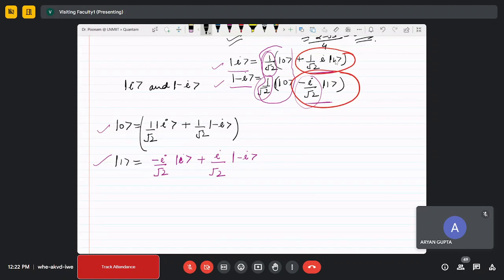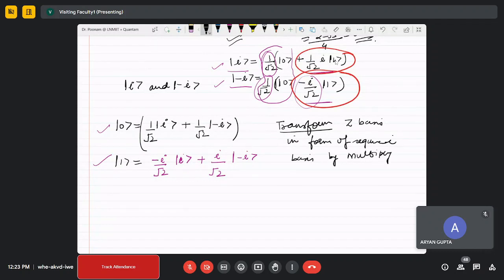So what we are doing, we are simply first of all transforming the z basis in the form of the required basis by multiplying with their complex conjugate.